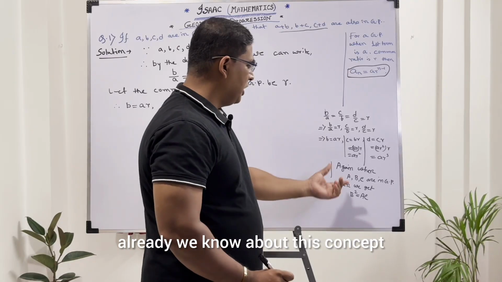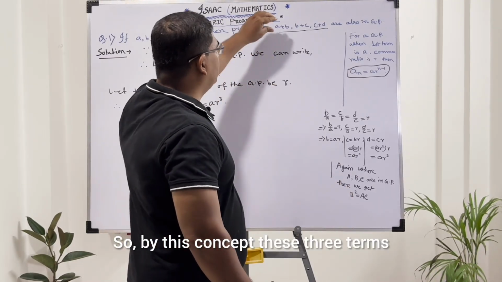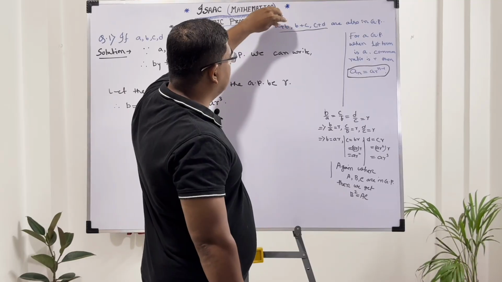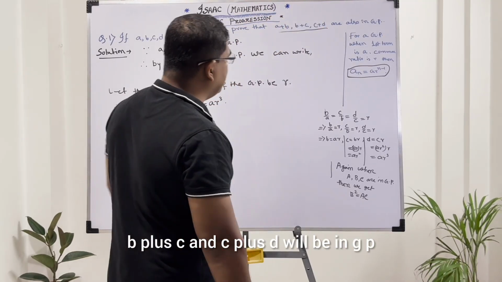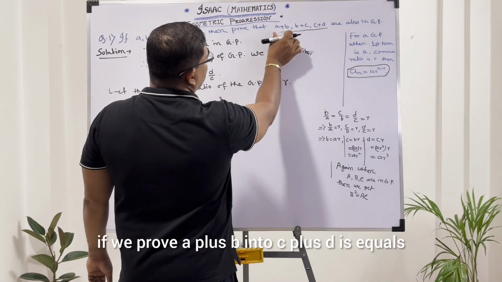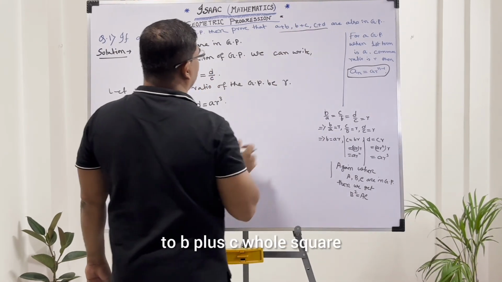Already we know about this concept. So by this concept, these three terms, A plus B, B plus C and C plus D, will be in GP if we prove A plus B into C plus D is equal to B plus C whole square.